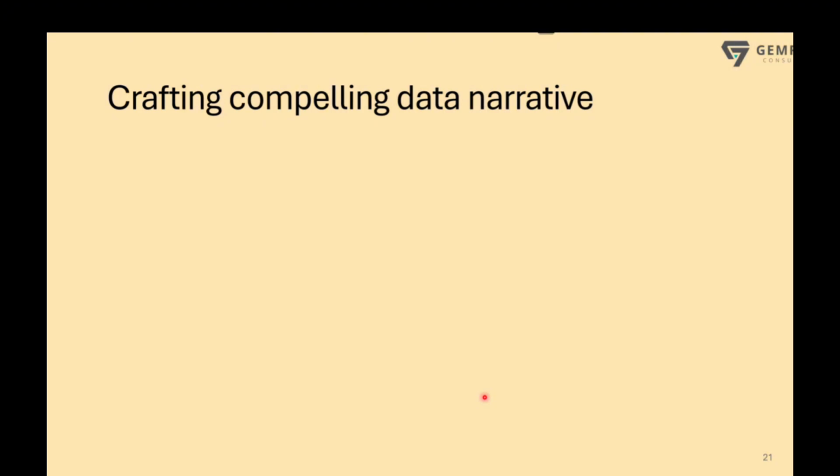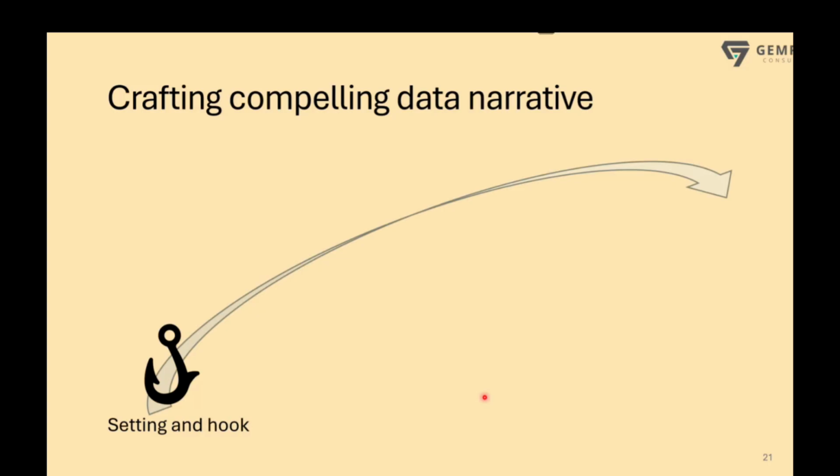And whatever stories, you always have this storyline arc, we call it, and it always starts with a setting. Where are you? What is the context? And what is the hook that you want to use to bring people's attention to you? And then we go all the way.